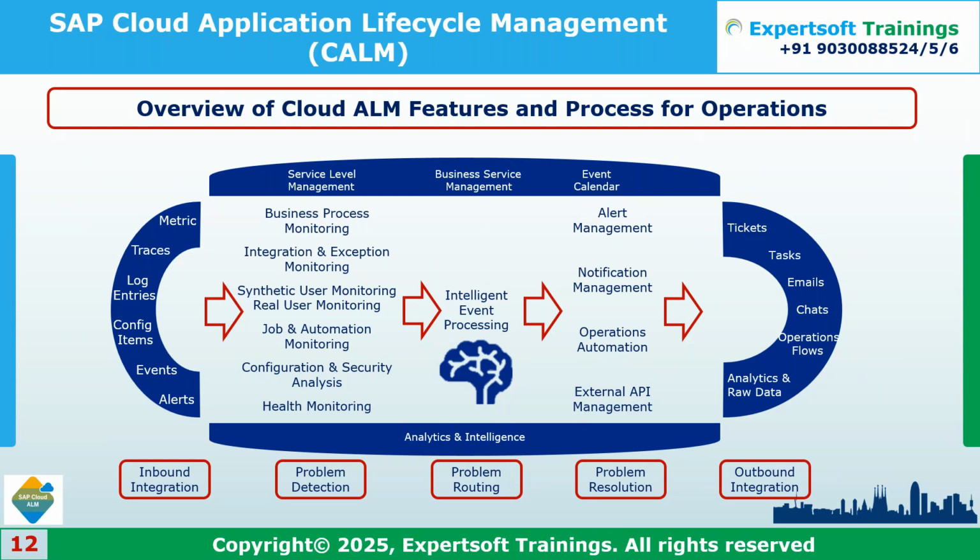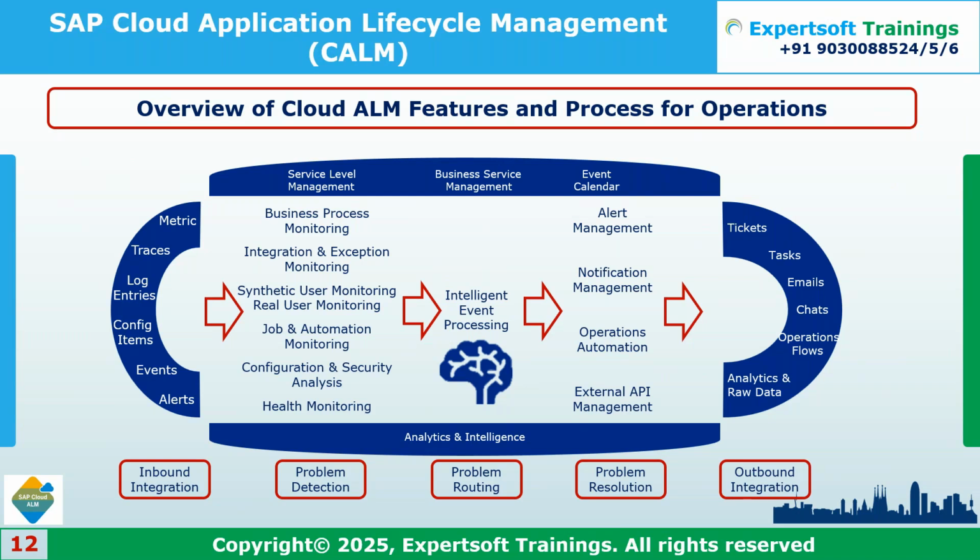So SAP offers an inbuilt tool for configuration and security analysis. Also, it offers health monitoring, which monitors health parameters like the disk space, the memory, how many CPUs are deployed, the physical memory, and all these types of metrics that SAP monitors by default.